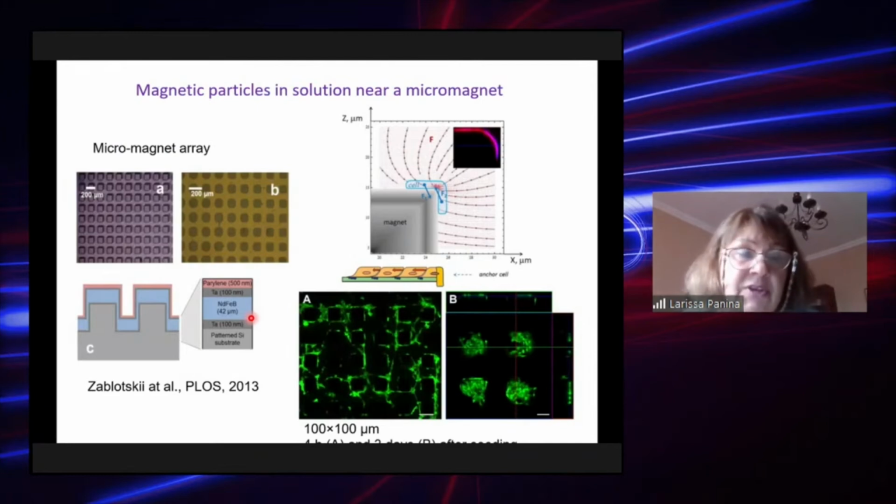There is quite considerable research in this direction, and typically micromagnet arrays are produced from permanent magnets using photolithography. At the edge of the magnet, you will have this field distribution. And it was demonstrated, for example, in this square array of micromagnets, how paramagnetic particles will be distributed in the solution around the poles of this magnet.